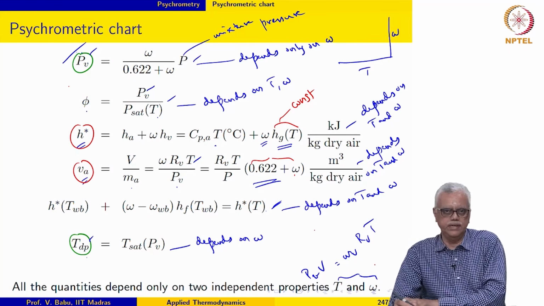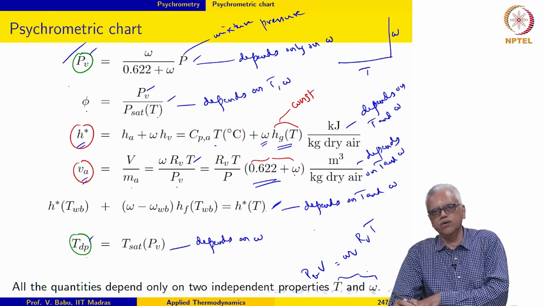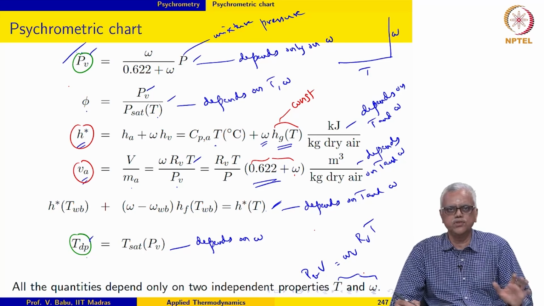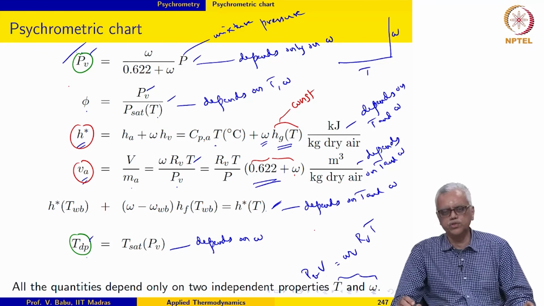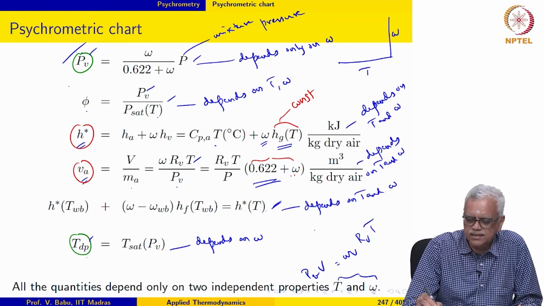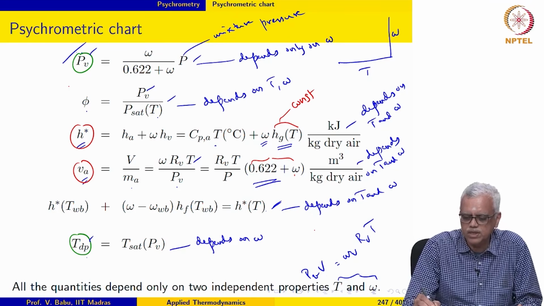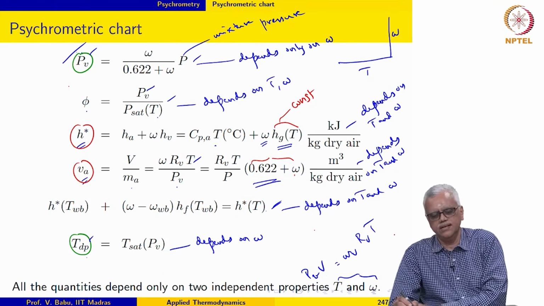In those units omega is typically a number of the order of about 0.001 to maybe 0.01, 0.02, not very big when compared to 0.622, which means that essentially this term will not change much across the entire range of values that we are likely to encounter in typical psychrometric application.